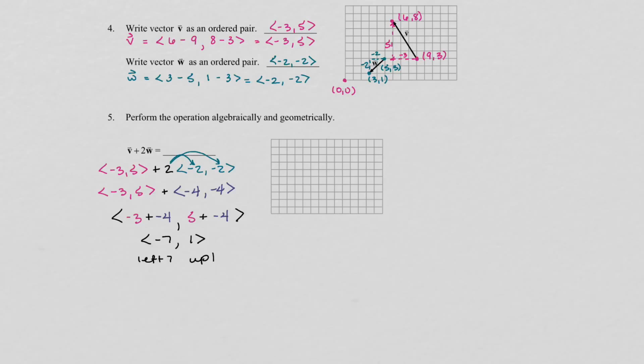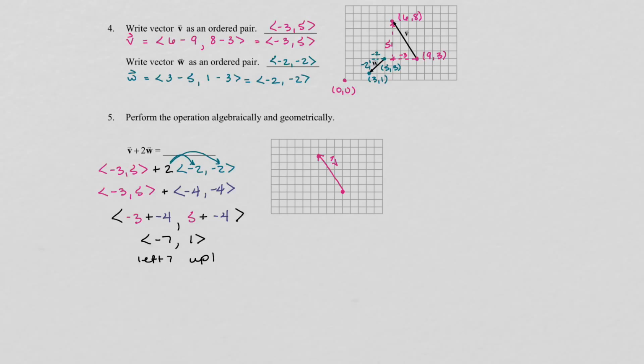So here's my vector. That's the initial point for v. That's my terminal point for vector v, and I'm going to draw it here. And again, that's exactly as it was in example 4 because it's my first vector.